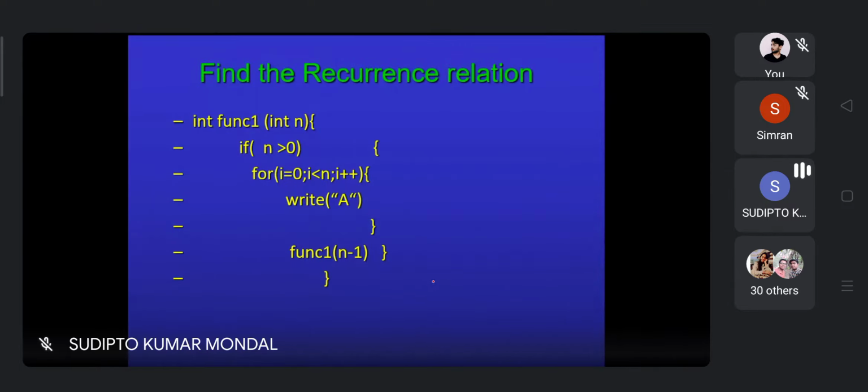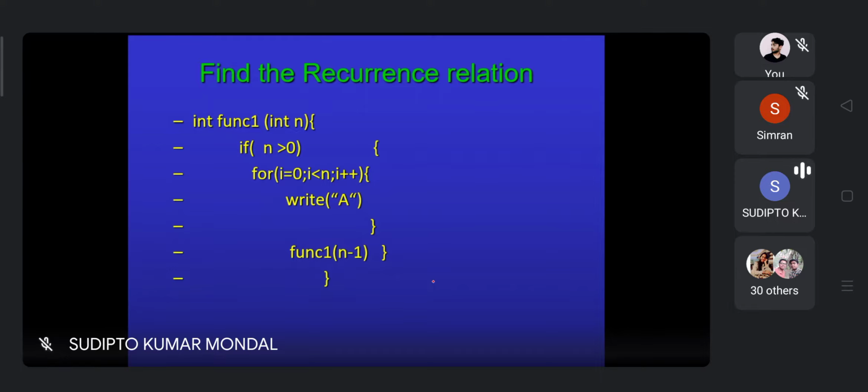This way we have written this function. So I request you to use your pen and paper and try to identify the individual step's corresponding count, that is, how many times we can execute each individual step, and then try to frame the recurrence relation from this function func1.